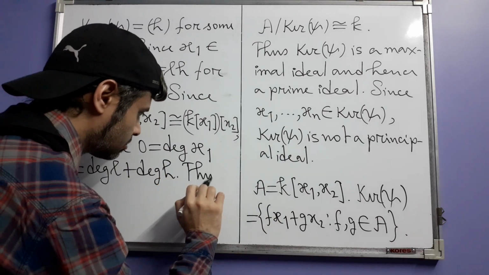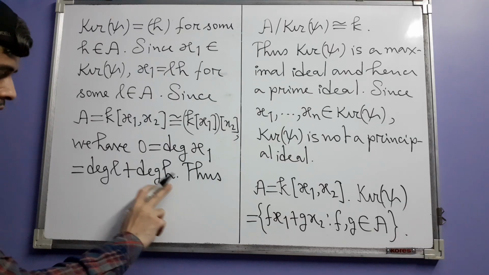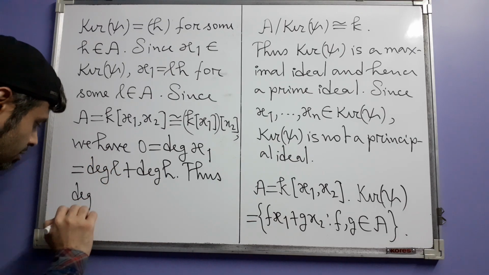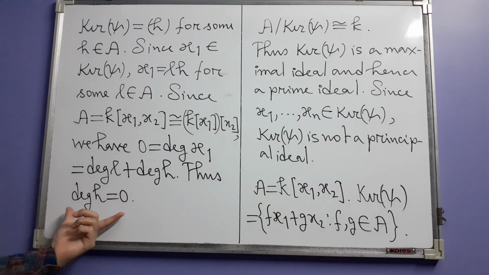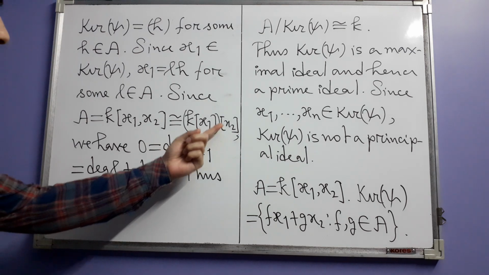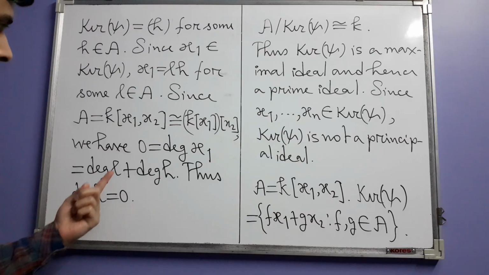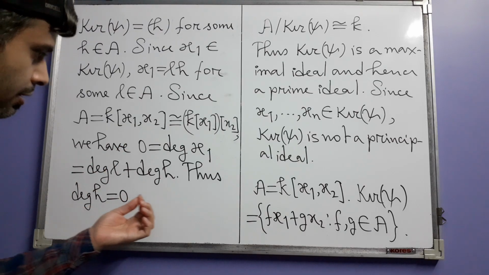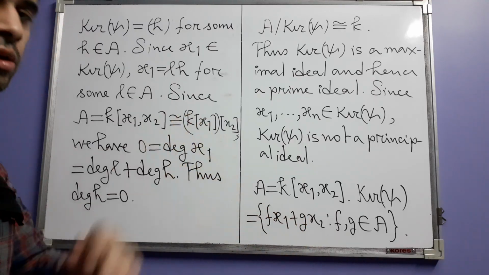Thus, degree of L is also 0, degree of H is 0. We are not really interested in this one. So degree of H is equal to 0. What is the interpretation of this equation? It tells us that as an element in this ring, as a polynomial in x2, H is a constant polynomial, or in other words, if you write out H, its expression, x2 will not be there.